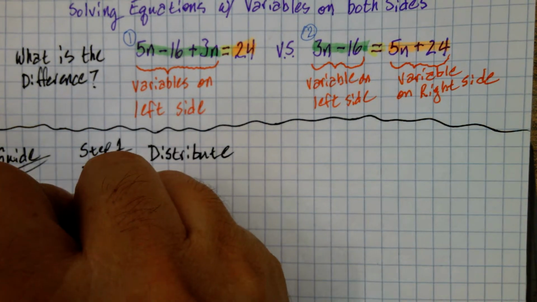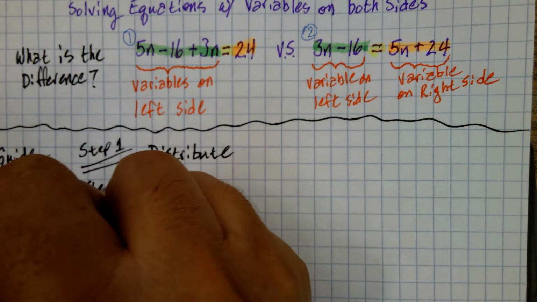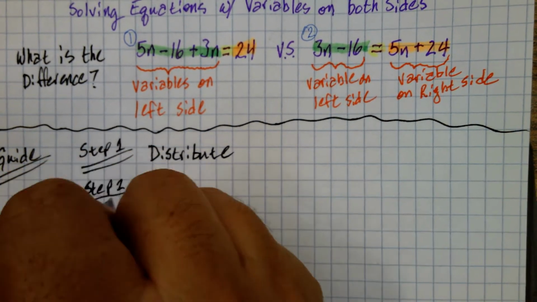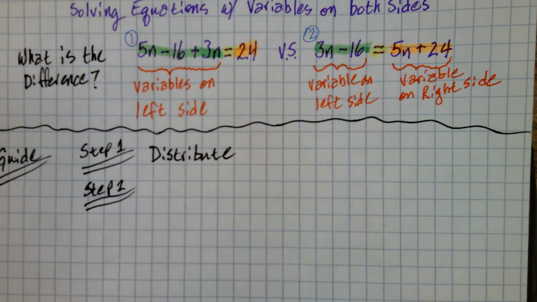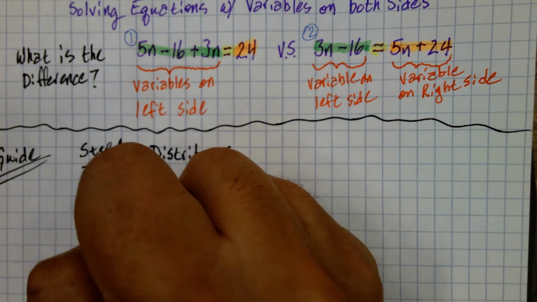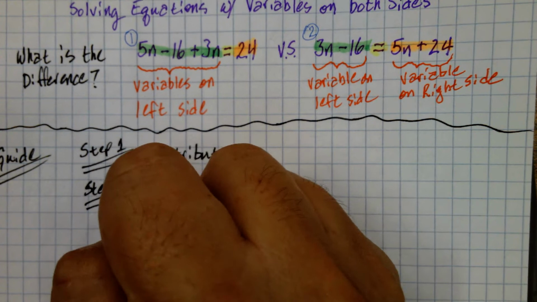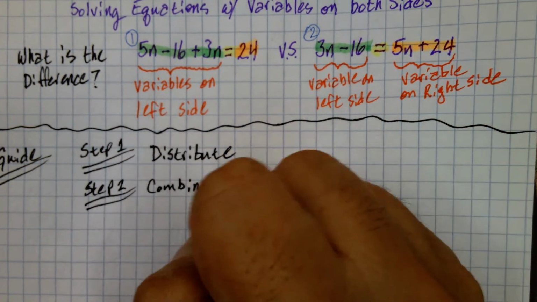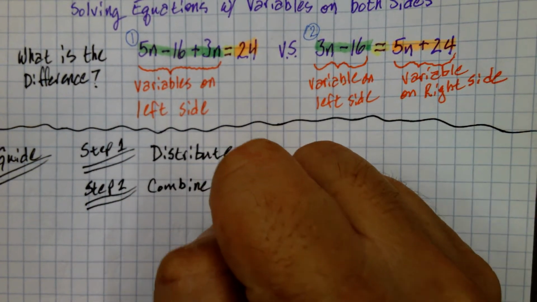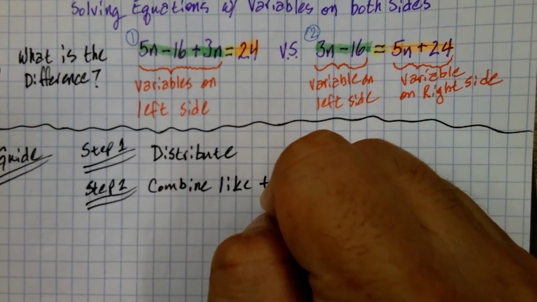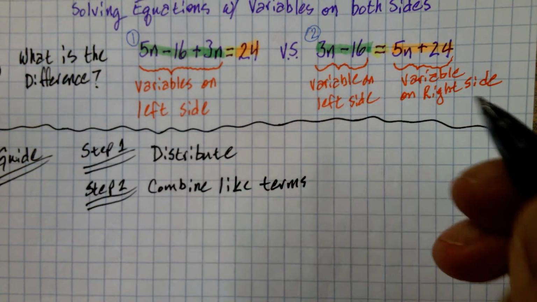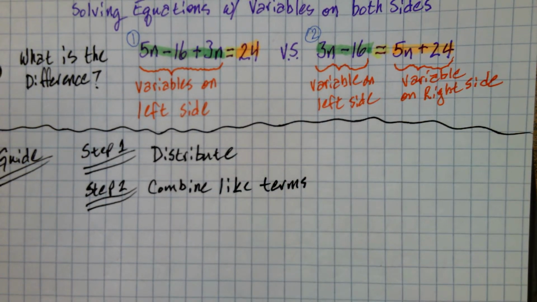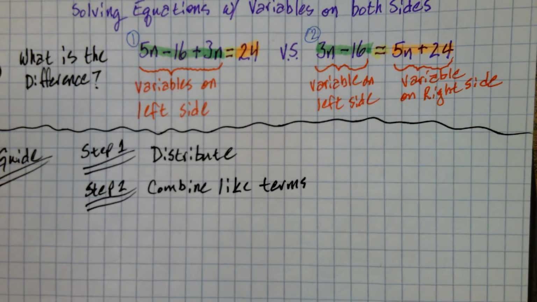Step 2 is also going to be the same. Combine like terms, again, if needed. And then, real important, I'm going to put this in red.